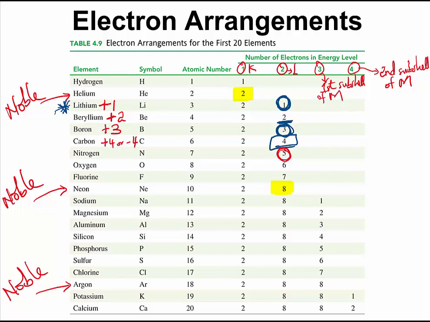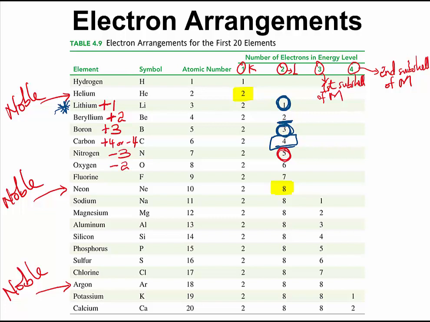Losing the 5 electrons would cost too much energy. So nature usually ends up gaining 3 electrons for nitrogen. And that is why nitrogen is going to carry a charge of -3. Oxygen would have 2 pathways: gain 2 electrons or lose all the 6 valence electrons. Oxygen is going to have a charge of -2.